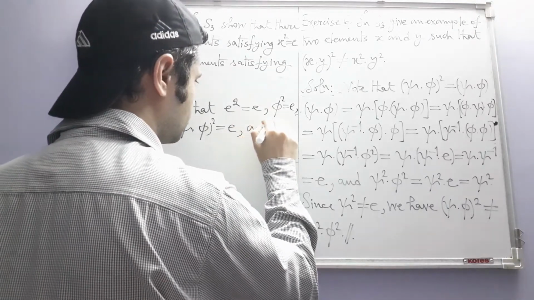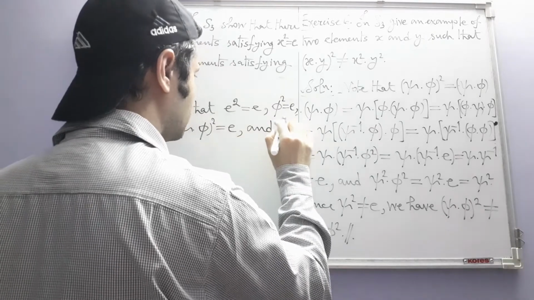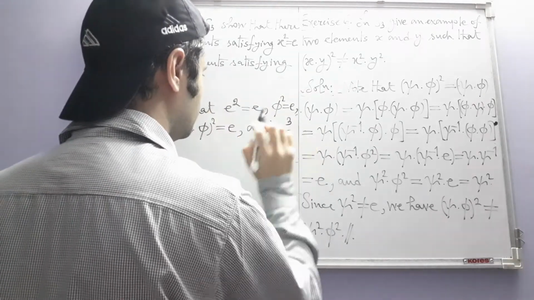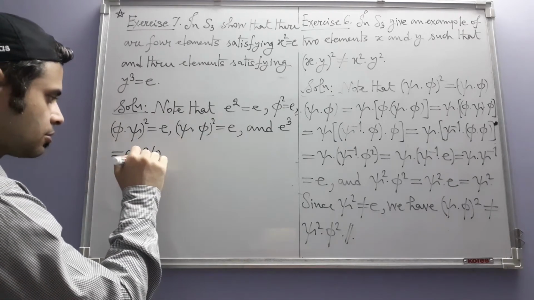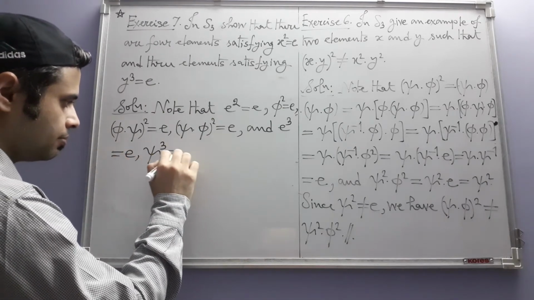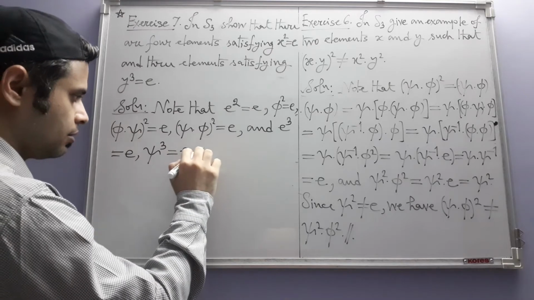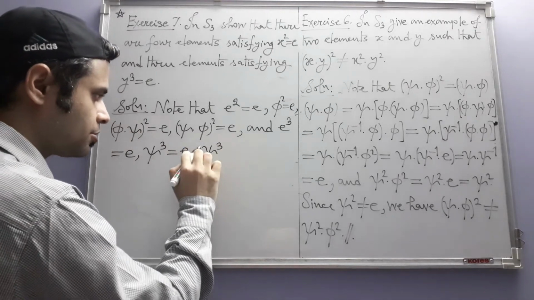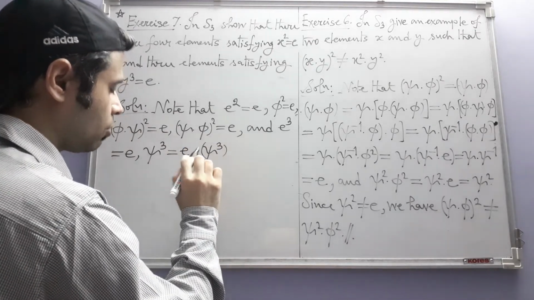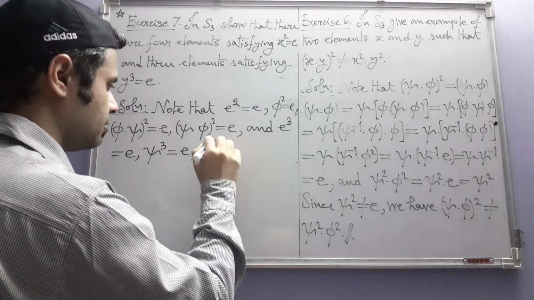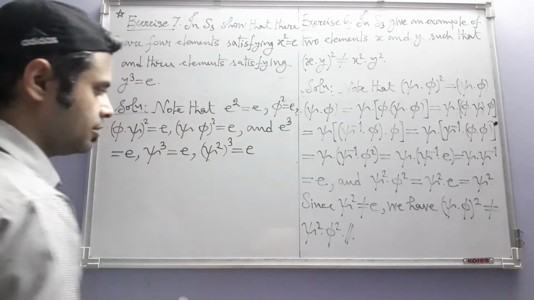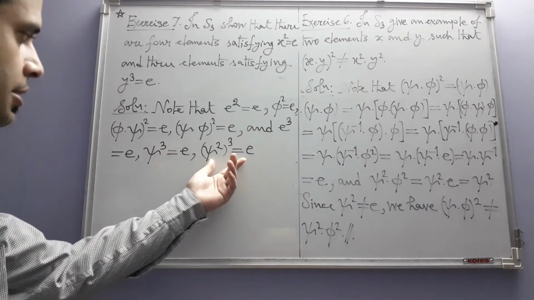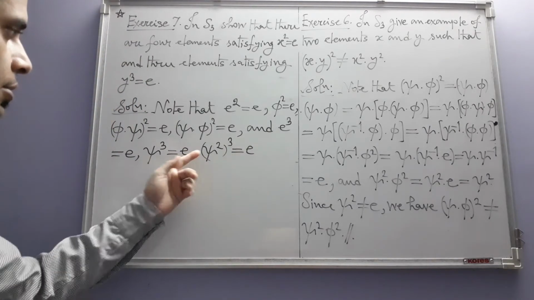And then comes cube. E cube is identity, psi cube is identity, this we have seen there, and psi square whole cube is also equal to identity. Now this comes from here itself.